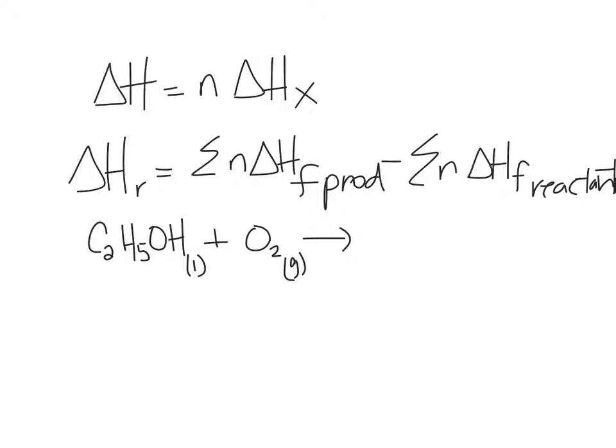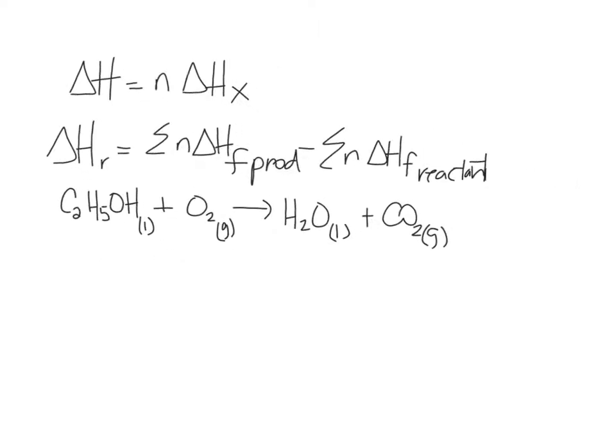Liquid. Liquid, okay. So we're going to make H2O liquid and carbon dioxide gas. And we want to know, what is our delta H for this entire reaction? So balance this.